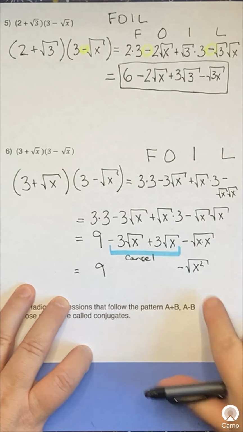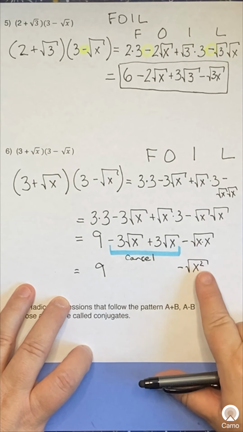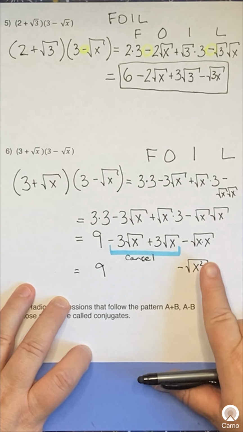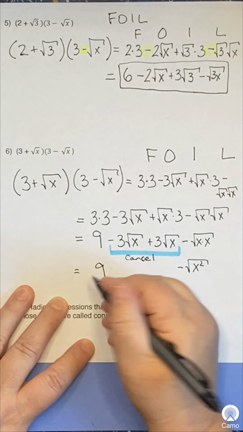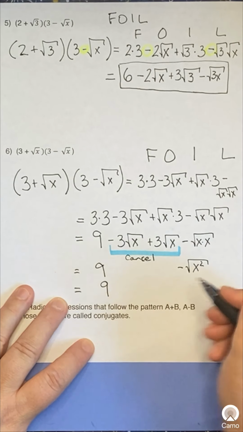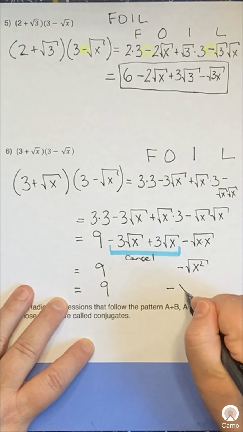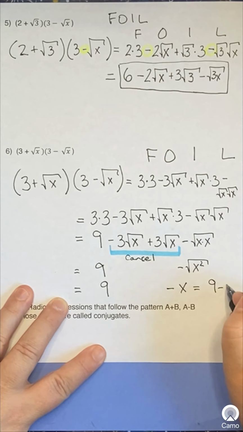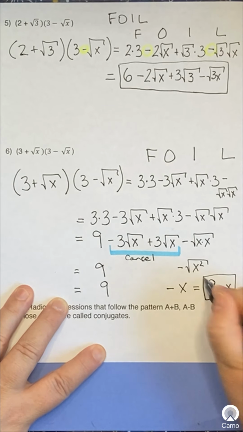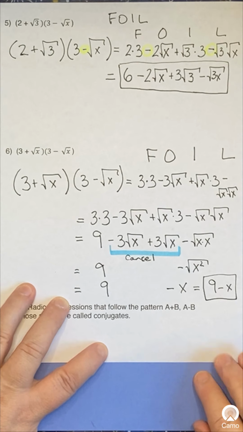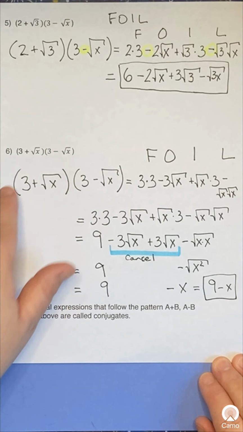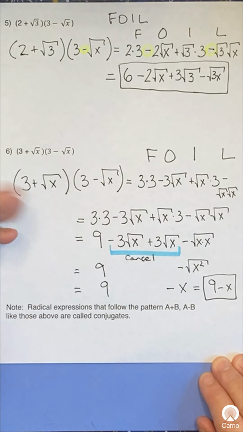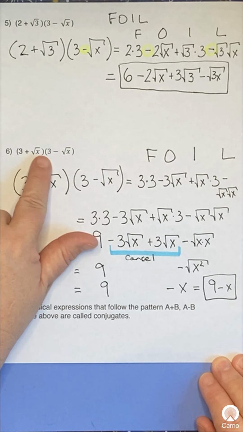But wait a minute, what is x squared? What's the square root of x squared? What's radical of x times x? You're right. So the whole thing's going to be 9 minus x. Whoa! So what happened? I multiplied 2 seemingly complicated, right?